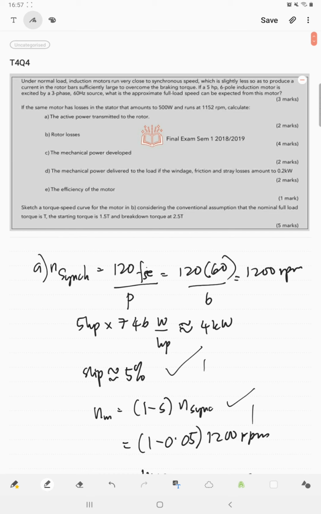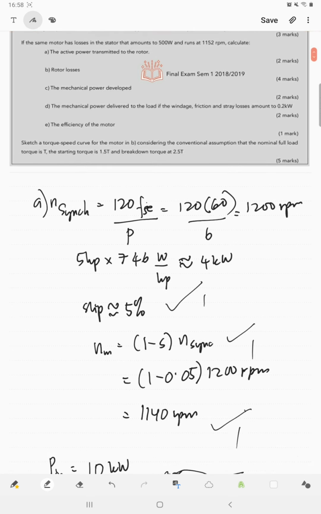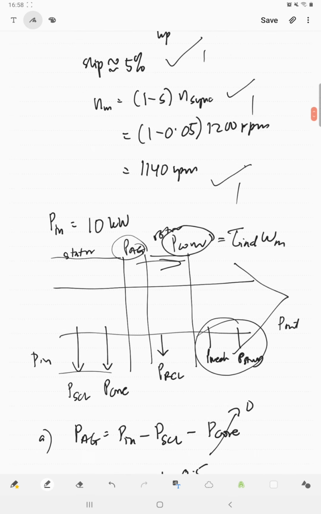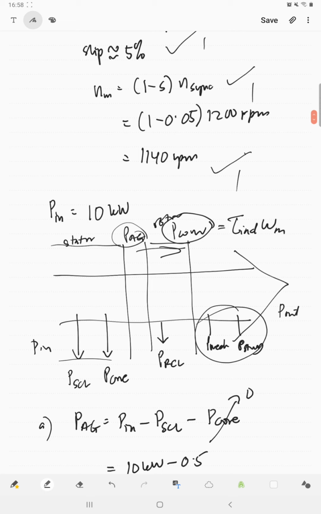The last one is to sketch a torque speed curve for the motor, considering the conventional assumption that the nominal full load torque is T, starting torque is 1.5 T, and breakdown torque is 2.5 T. So we know the nominal full load torque.